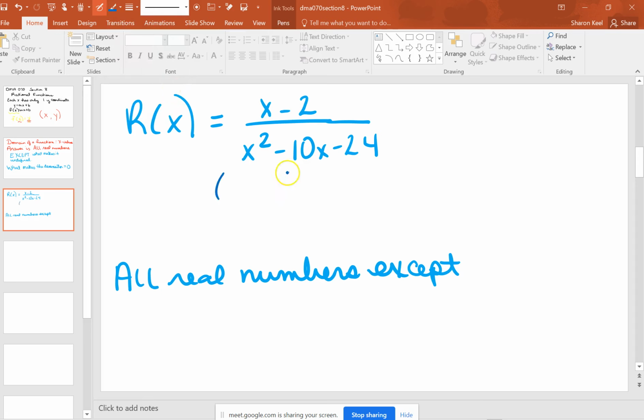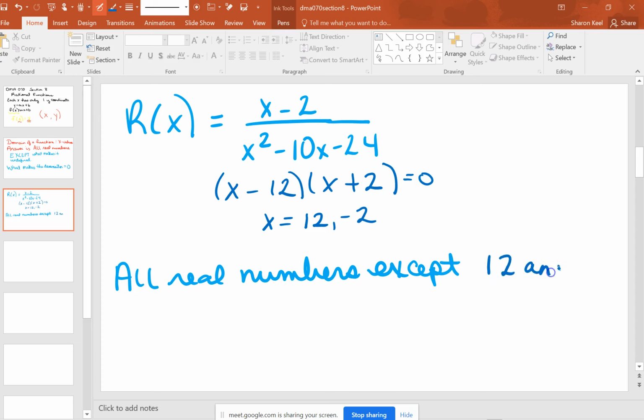When we factor this into two terms, we end up with x minus 12 and x plus 2. So the solutions that would make this equal to 0 are positive 12 and negative 2. So our answer is all real numbers except 12 and negative 2, and those will be the two exceptions.